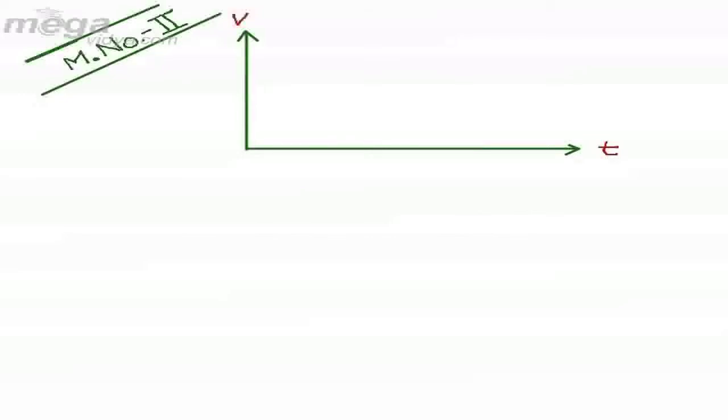If we talk about the interval of first 2 seconds, then you will observe that its mean speed or mean velocity is nearly 100 centimeter per second, because it travels 200 centimeters in first 2 seconds.